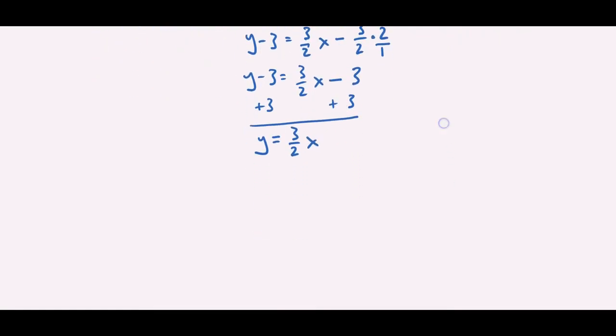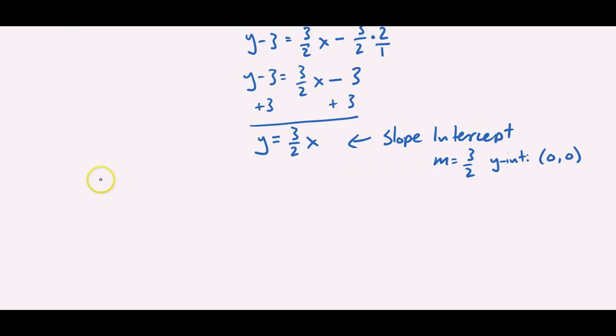Now we are in slope-intercept form. Or we could say that the slope is 3/2 and the y-intercept, in this case, happens to be the origin, (0, 0). There is no b value appearing back there, so it is a 0.